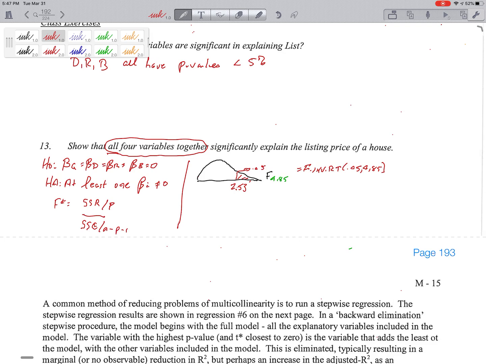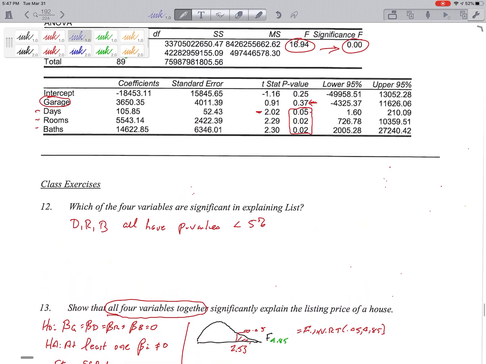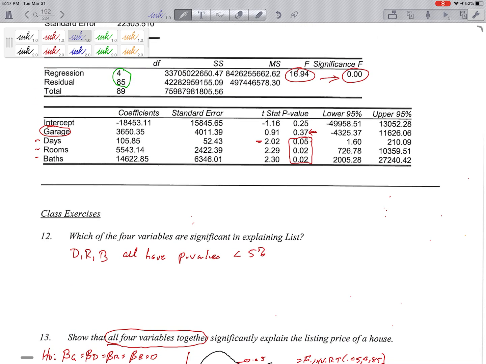Anyways, what we get here then is, let's calculate now the F star. And this is just to show you where, again, you get the numbers from. So here's your ANOVA table right here. And we've got, this is a big number. We've got 1, 2, 3, 4, 5, 6, 7, 8, 9, 10.